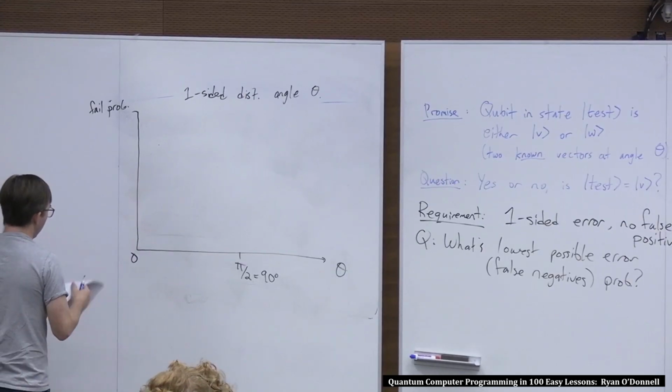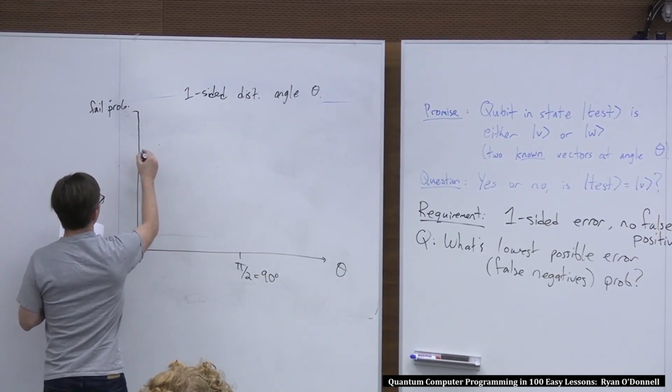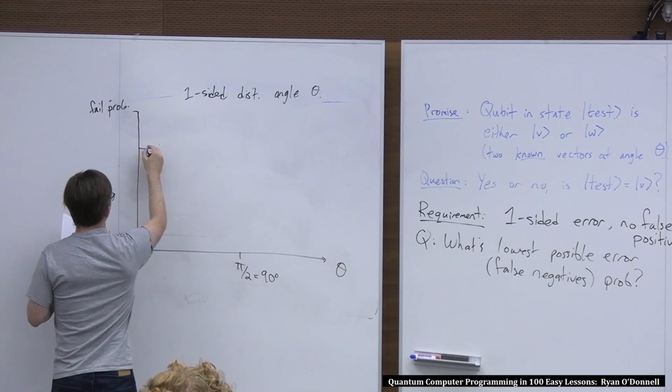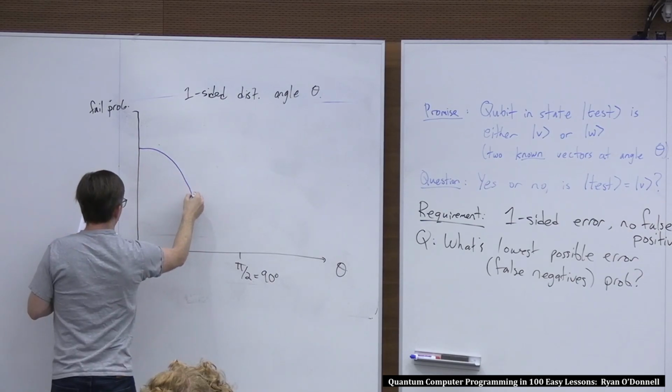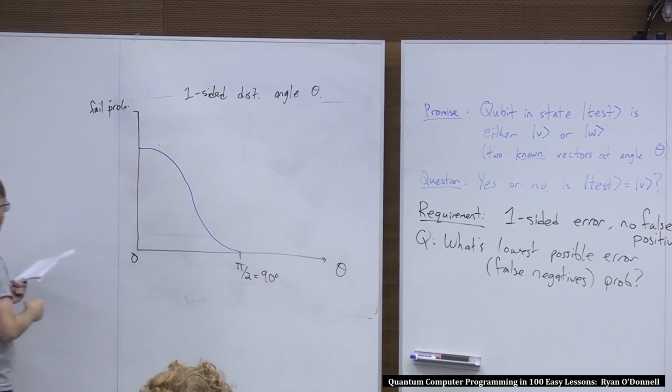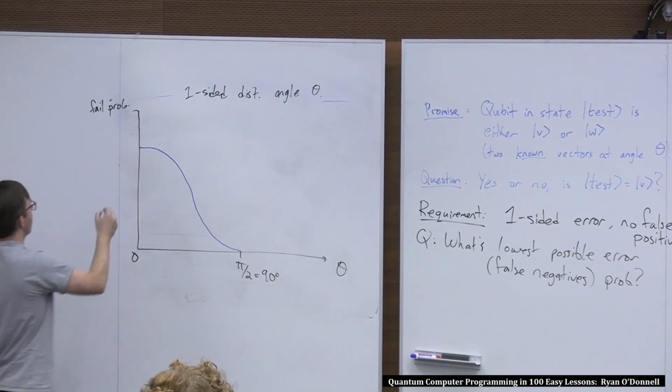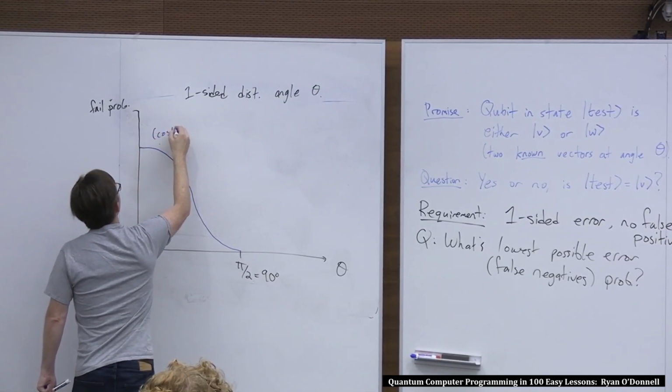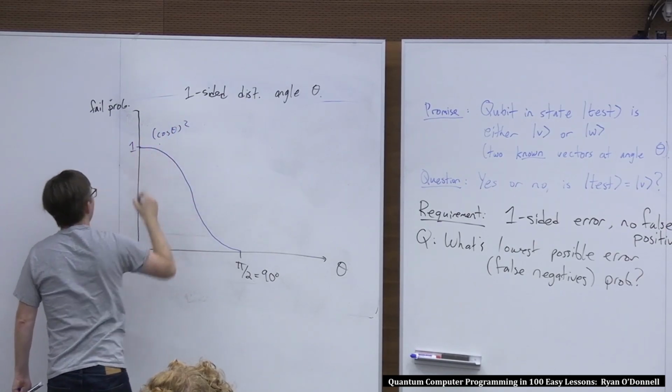And it looks like the top of a cosine wave. That should go down to 0. Okay, this is cosine theta squared. This is 1.